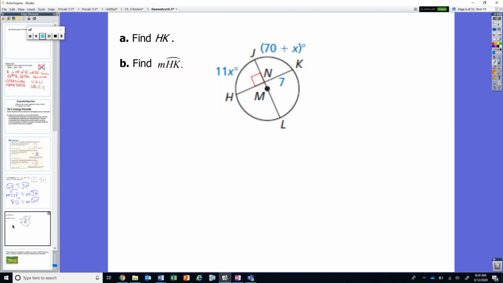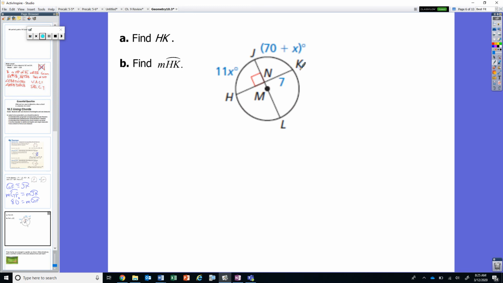So let's take a look here at finding the lengths of HK and arc HK as well. So let's take a look. What do we know? Well, we know for sure that LJ is a diameter. Reason being is because it goes through the center of the circle. It is perpendicular to chord HK.